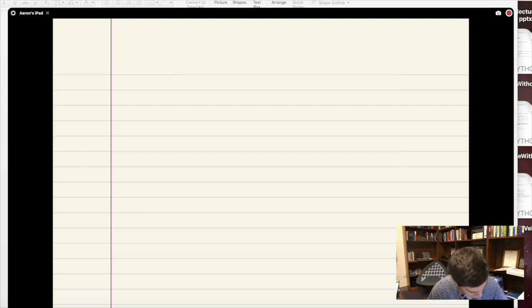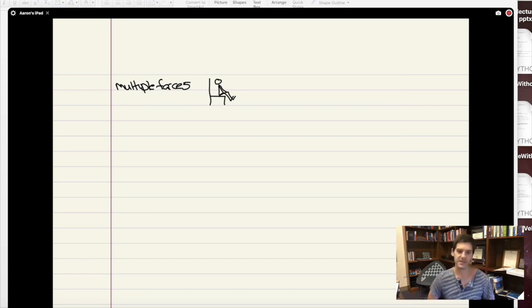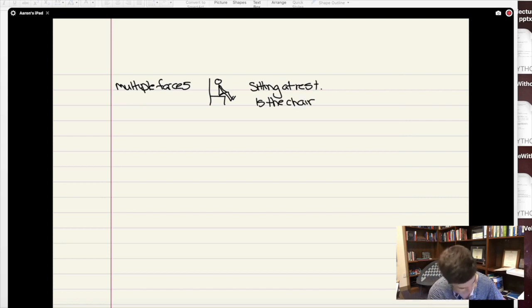Let's look at a few other examples when there are multiple forces. I believe we saw this in the previous lecture. Let's go back to the person sitting on the chair. But now their legs are off the ground, and they're just sitting on the chair, at rest. And I could ask, is the chair exerting a force?